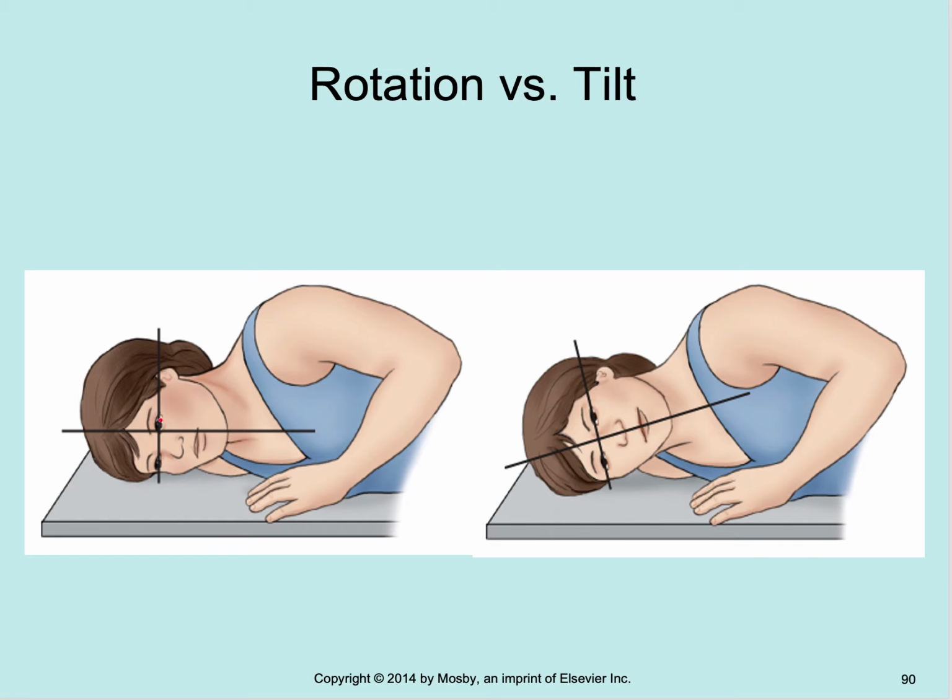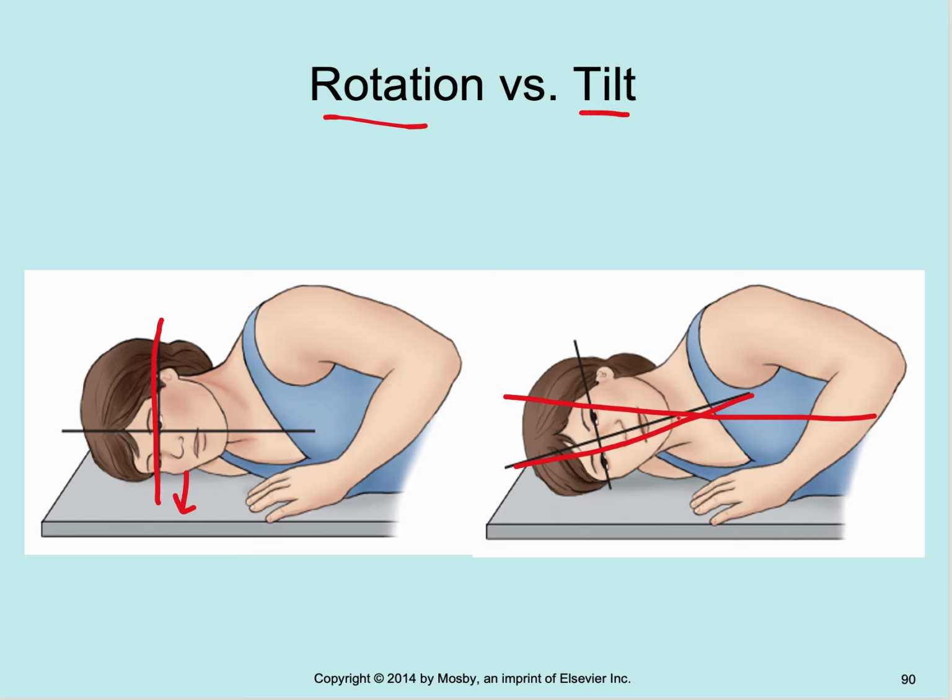So you can see here that if you look at this interpupillary line, one side of the head is coming down towards the image receptor, so that's rotation. You are rotating towards the image receptor. If you draw a straight line here, you can see that it does not match this straight line, so that is tilt.